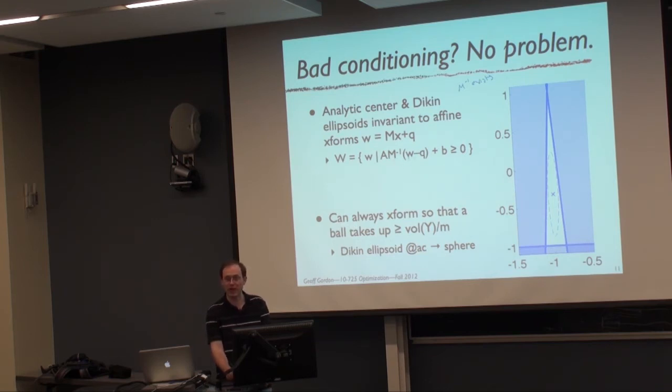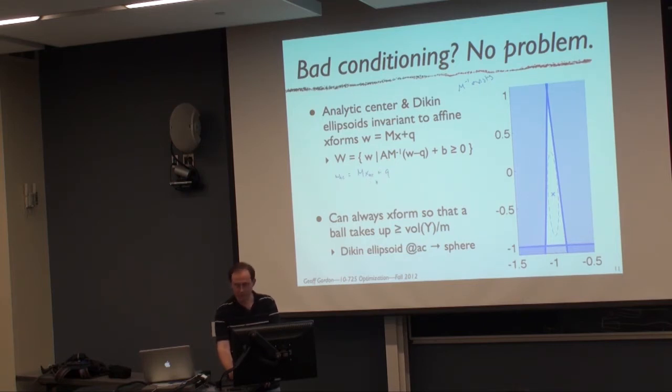So that's what I mean by the affine transformation of the feasible region. And the claim is that the analytic center W sub AC is equal to M X sub AC plus q. So it transforms the way that you would expect.